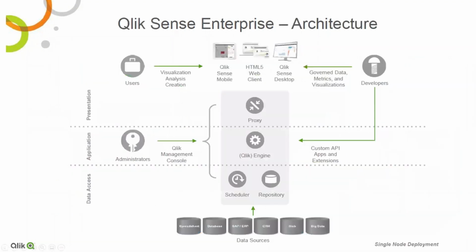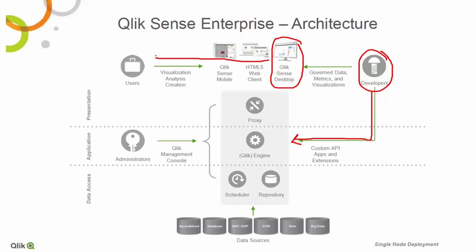Now, as a Qlik Sense enterprise architecture, where are you? You are here. You are the one who will use the Qlik engine to build applications or visualizations using Qlik Sense Desktop and publish it on a server where users will consume it.